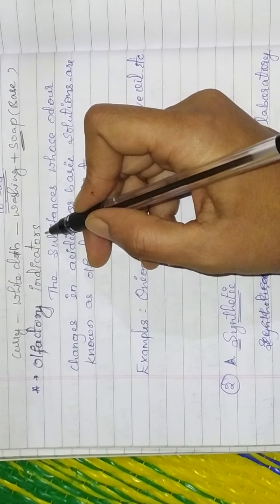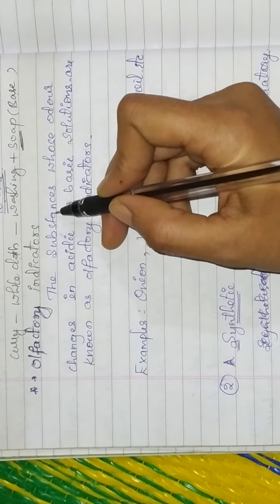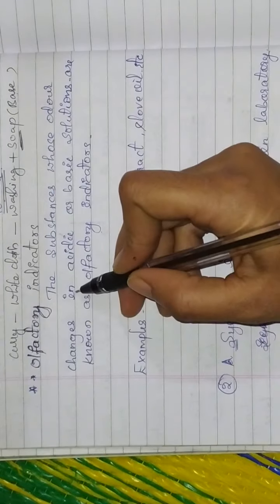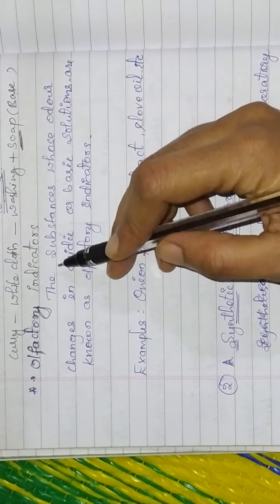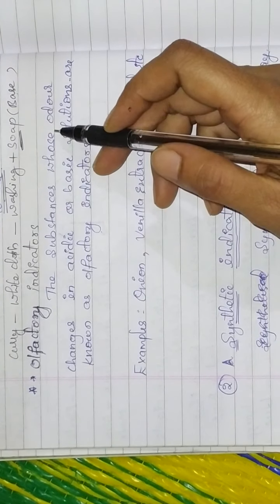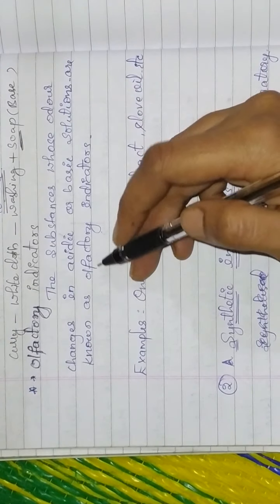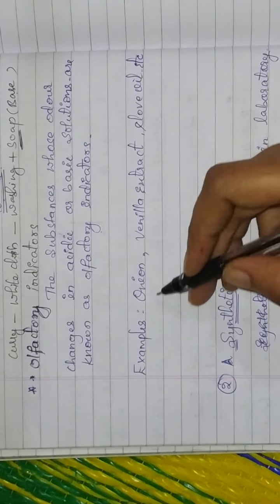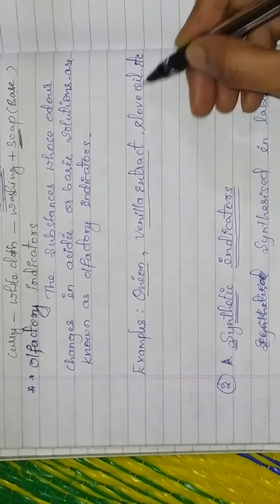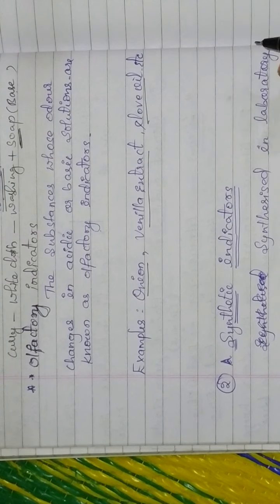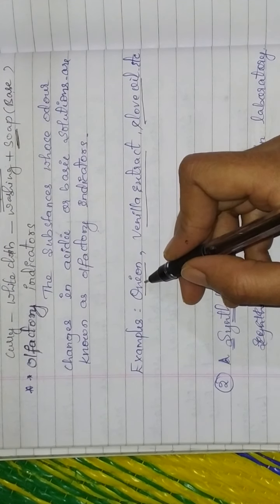So the olfactory indicators are the substances whose odor or smell changes in acidic or basic solution. Examples for the olfactory indicators are onion, vanilla extract, clove oil. Here this onion acts as an olfactory indicator.